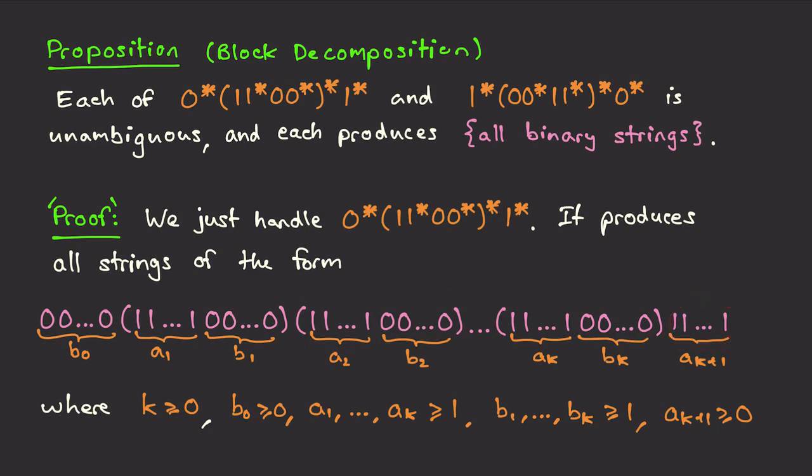Here, K is any non-negative integer, B0 and AK plus 1 are both any non-negative integer, but the A1 up to AK and the B1 up to BK have to be positive integers. This is because in the internal parenthesis we have 1 1 star, which produces any positive number of copies of 1, and 0 0 star, which produces any positive number of copies of 0.